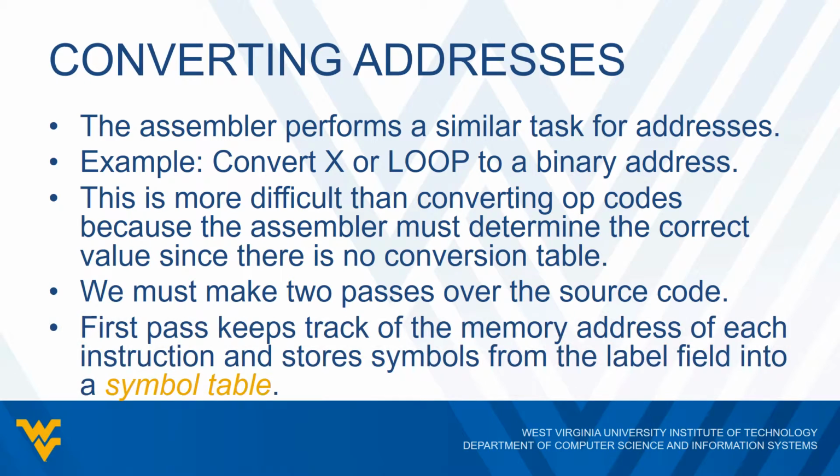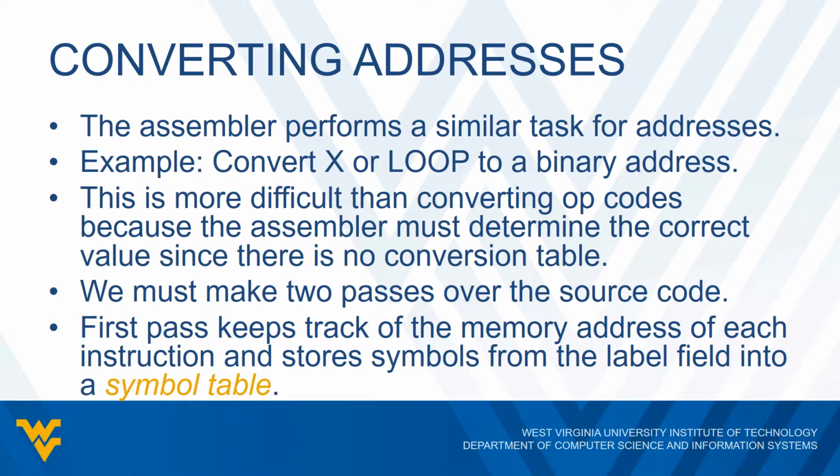So during this first pass over the source code, the assembler will look at every instruction. It's going to keep track of the memory address where the instruction will be stored when it's translated and loaded into memory. So we're scanning each line and keeping track of the symbols and the instructions' memory addresses.